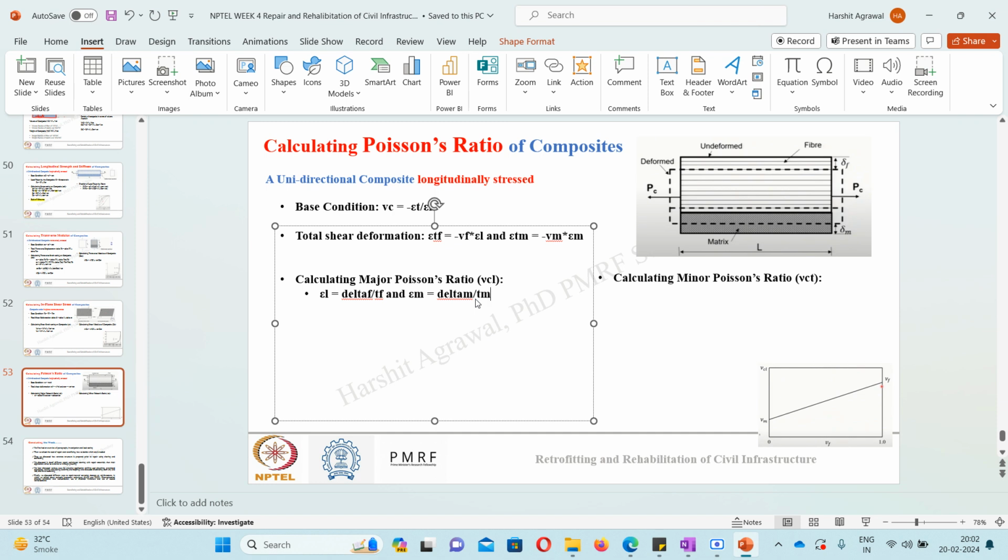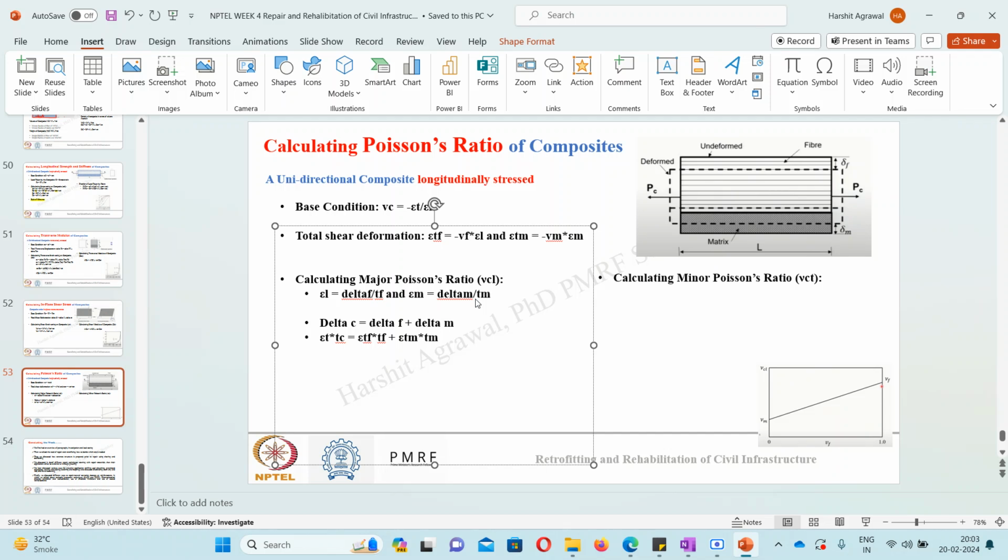I know the total delta C is nothing but the addition of delta F and delta M. So I can write delta C in terms of epsilon: epsilon T into TC will be equal to epsilon TF times TF plus epsilon TM, the transverse strain in matrix, times the thickness of matrix.